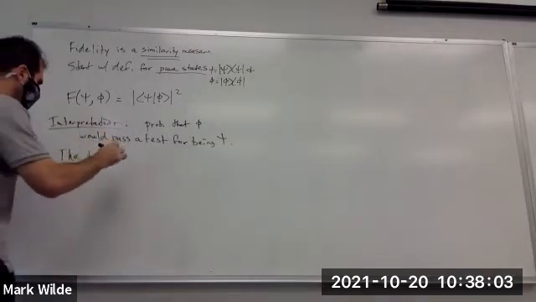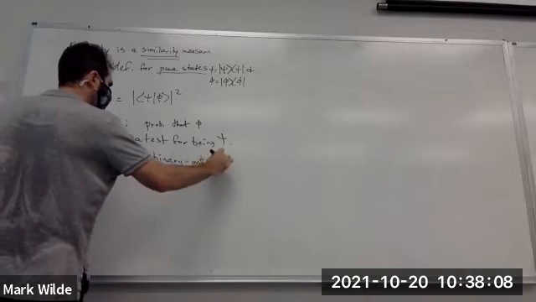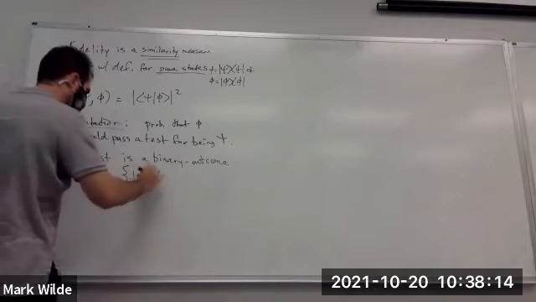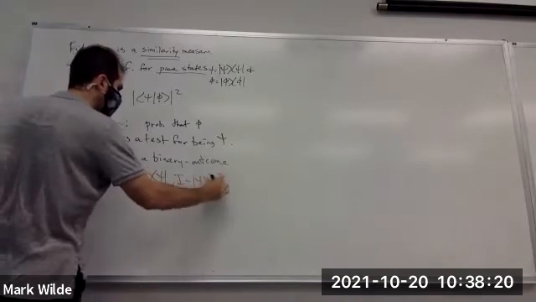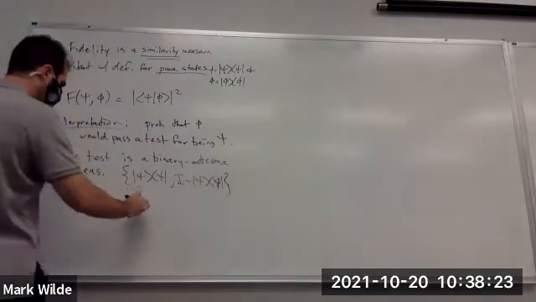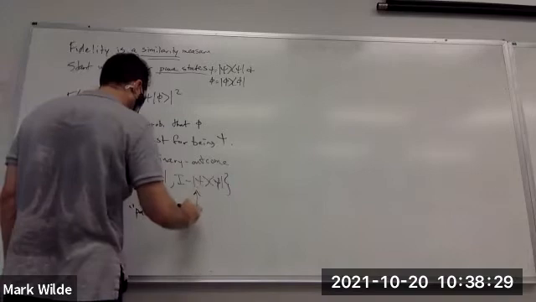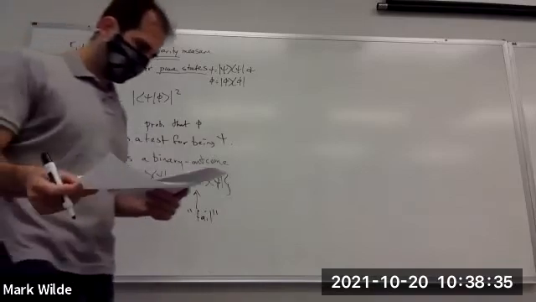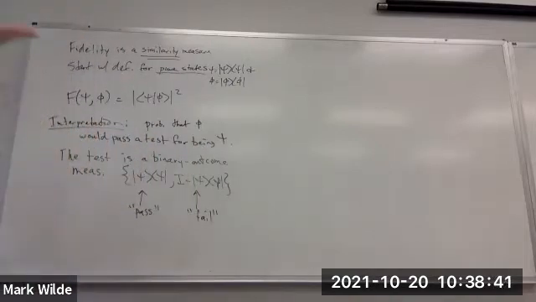The test is a binary outcome measurement, projection onto psi or identity minus psi. Okay. So if you get this outcome, it corresponds to yes, you passed the test. If you get this outcome, no, you did not pass the test. Right, and so this is a quantum mechanical test. This is how you ask quantum mechanical questions. Is the state psi or not?